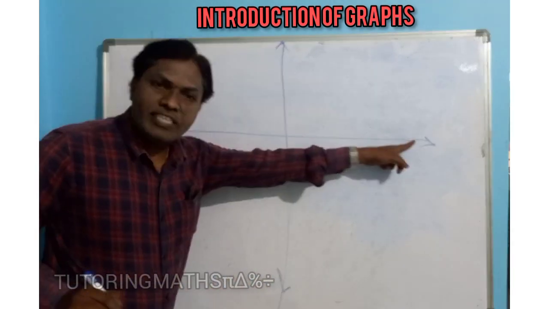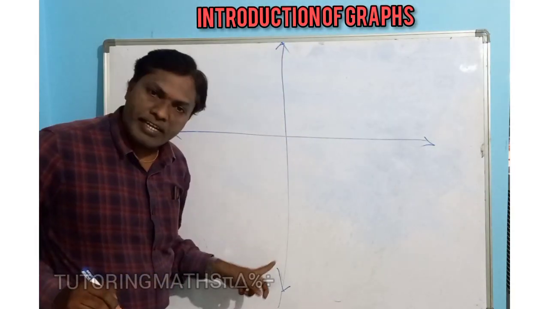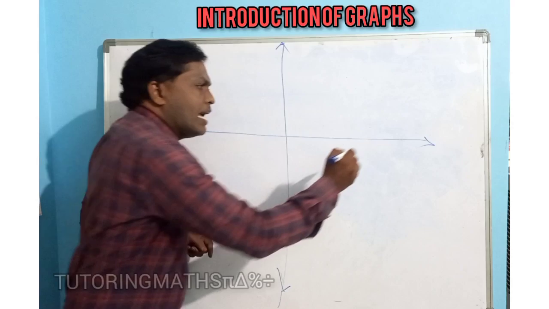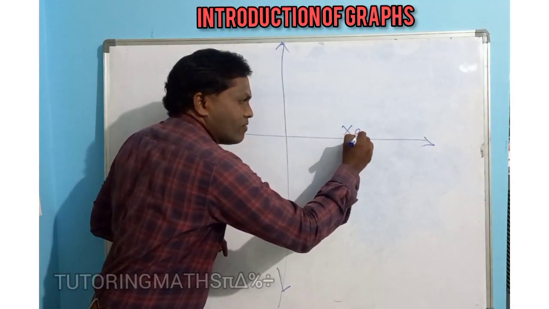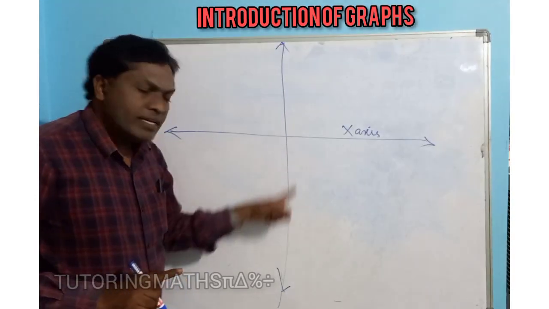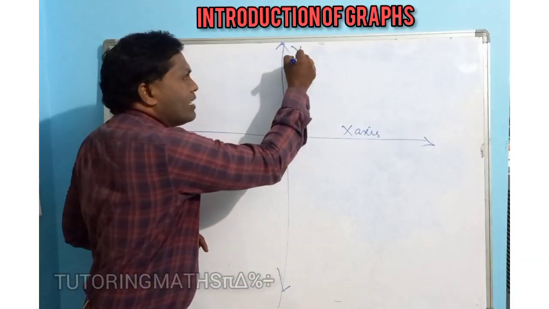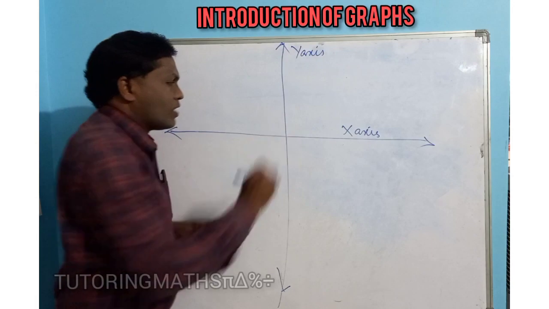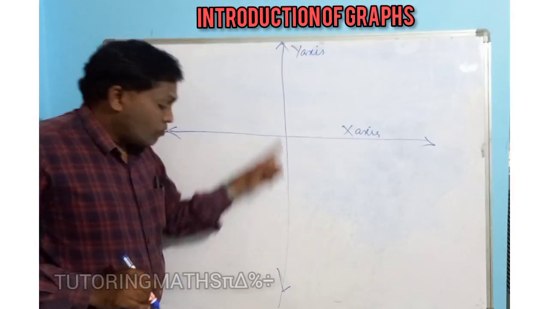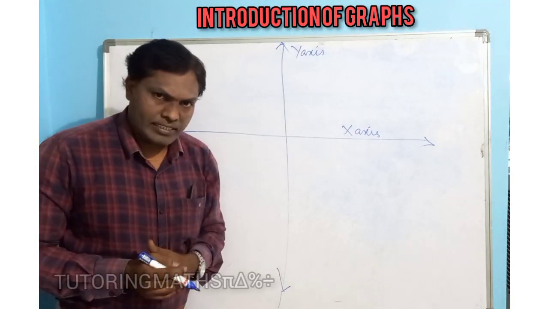This is a horizontal line and this is a vertical line. The horizontal line is called the x-axis, and the vertical line is called the y-axis.